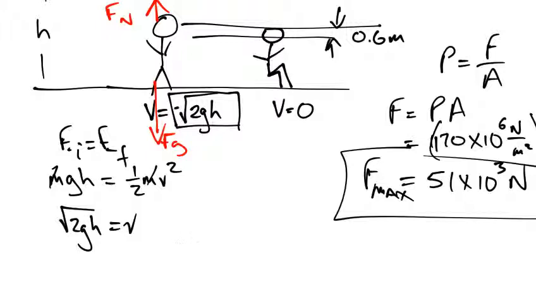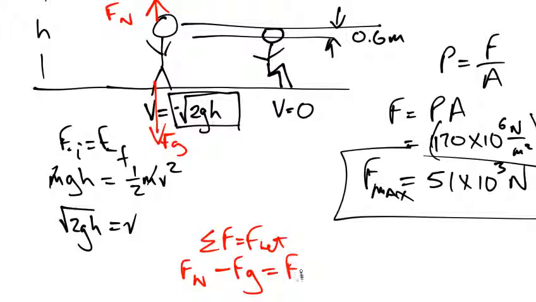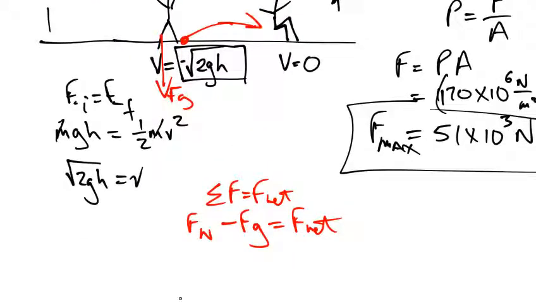Therefore, if we do the summation of the forces, F net, we've got Fn, which is up, so is positive, minus Fg is equal to F net. Now, why is that important? Well, because between this position and that one here, there is an acceleration that is going on, okay?